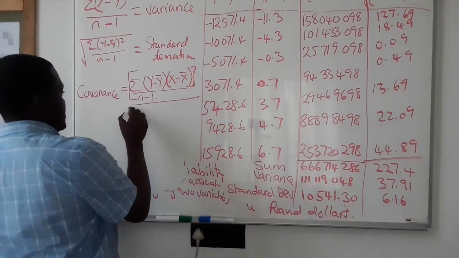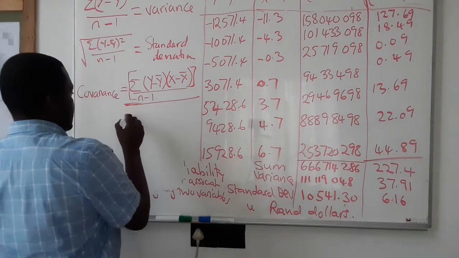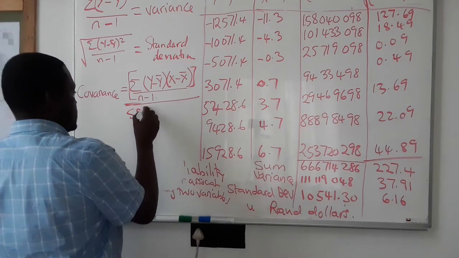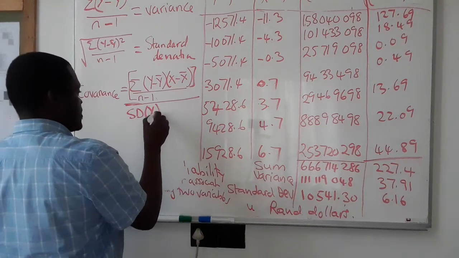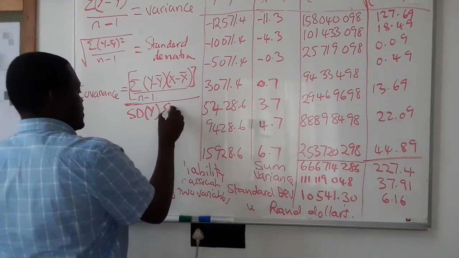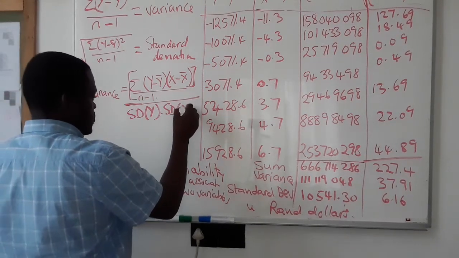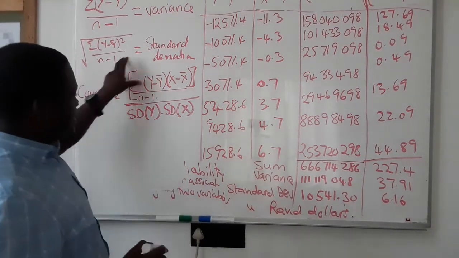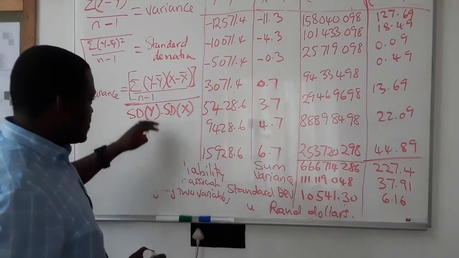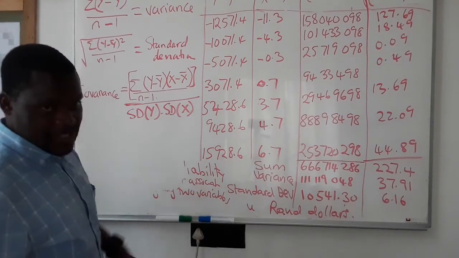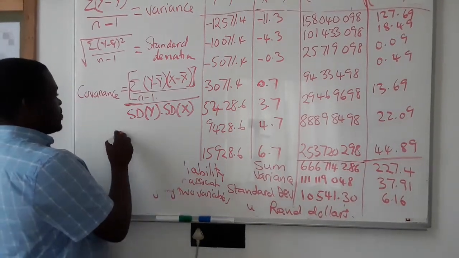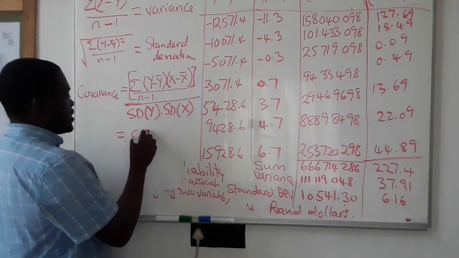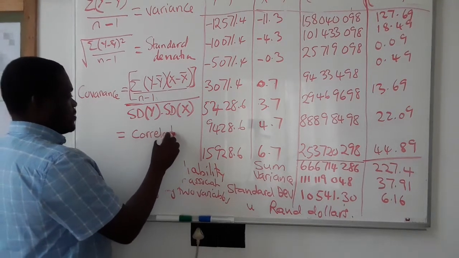This number, your covariance over the product of the two standard deviations, is what we call the correlation coefficient.